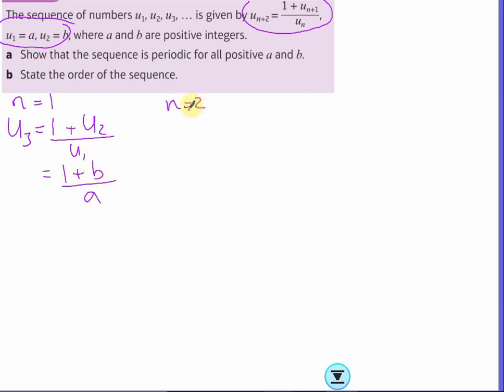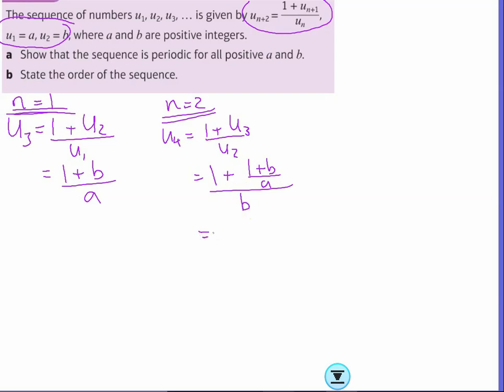When n is 2, I'll just highlight this a bit clearer, we get the fourth term. That's going to be 1 plus the third term divided by the second term. Okay, so 1 plus the third term, well that's 1 plus b over a, and all of that's going to be divided by the second term, which is b.